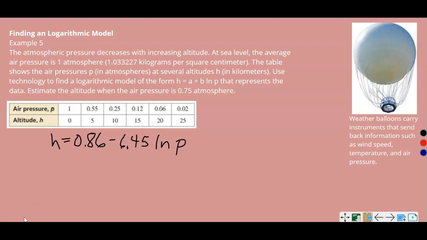All right, now it says estimate the altitude when the air pressure is 0.75. All right, so we're going to have h equals 0.86 minus 6.45 ln, and in place of p, we're going to put 0.75.